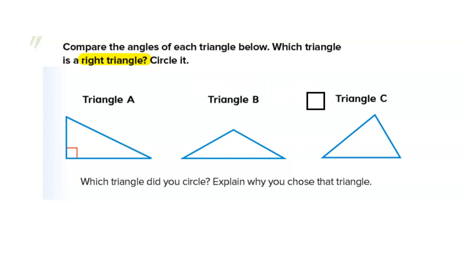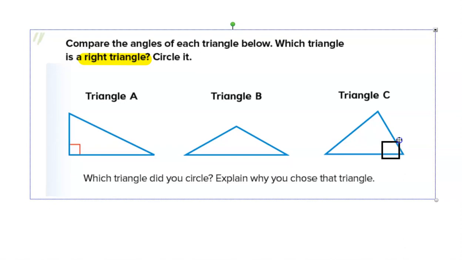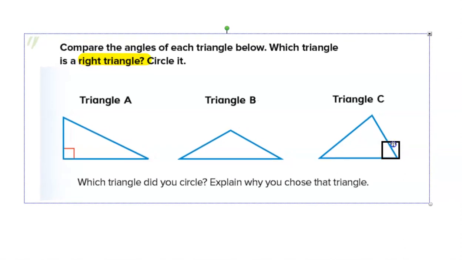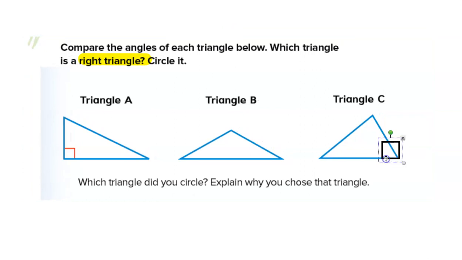We're going to take this square here, and I'm going to put it first right here. So this angle, since the blue line of the angle goes this way, kind of cuts into the square, that means that that angle is less than a right angle. Let's try this angle.